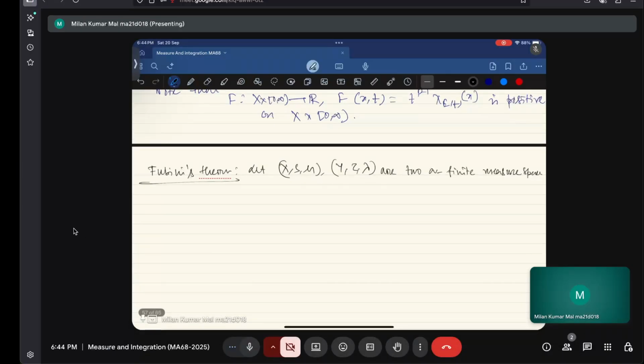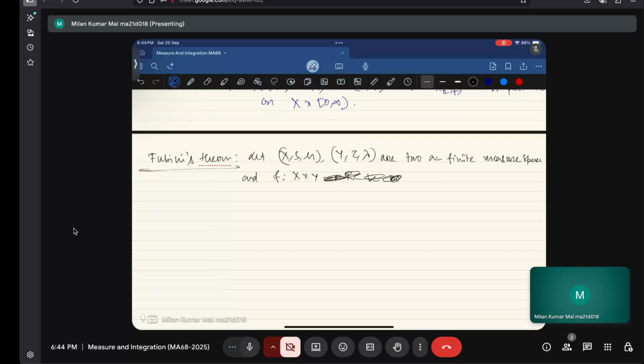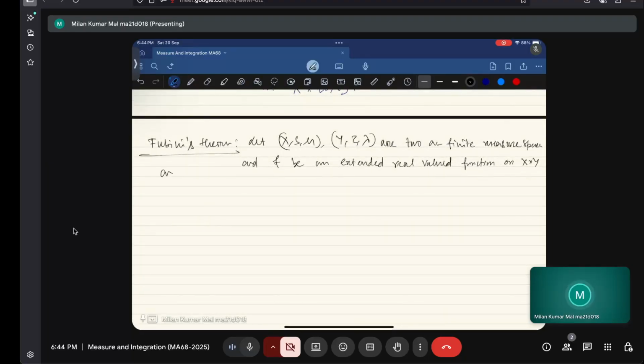Okay, and let f from X cross Y to the reals be an extended real valued function on X cross Y, I mean one that can take the value infinity as well, and measurable with respect to the product sigma algebra S tau measurable.